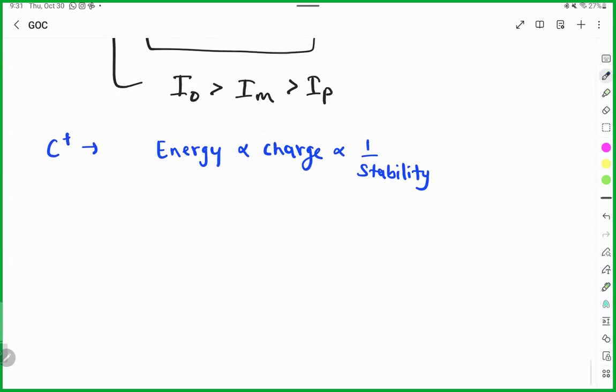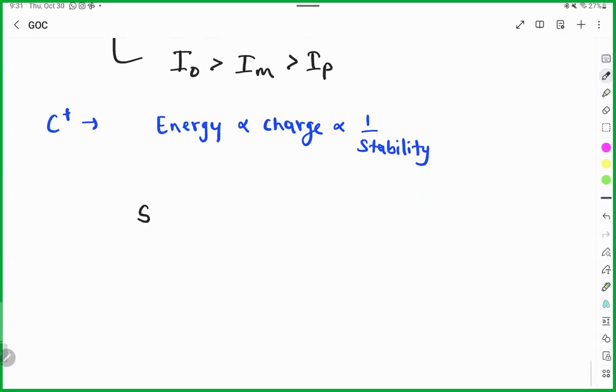In this case, stability of the carbocation is directly proportional to the plus I effect and inversely proportional to the minus I effect. It means an electron donating group will increase stability, and an electron withdrawing group will decrease stability.